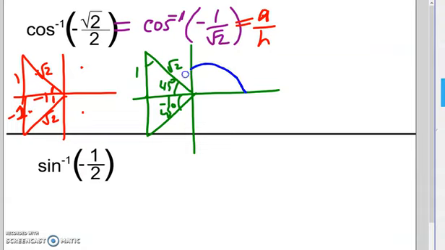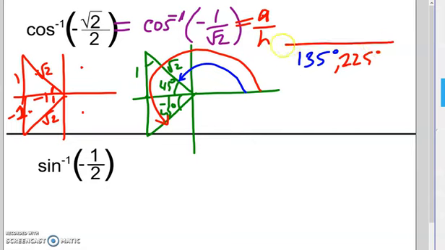If I go all the way over here, that is 135 degrees. And if I am going all the way around to this location, that's 180 plus 45, and then we have 225 degrees. Those are my two possible answers here.